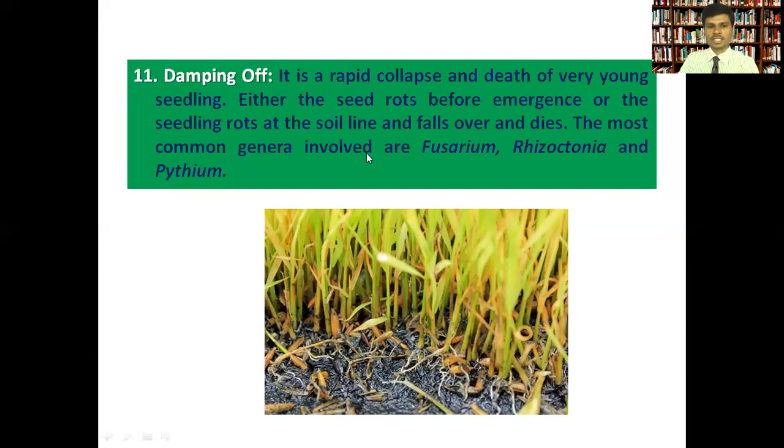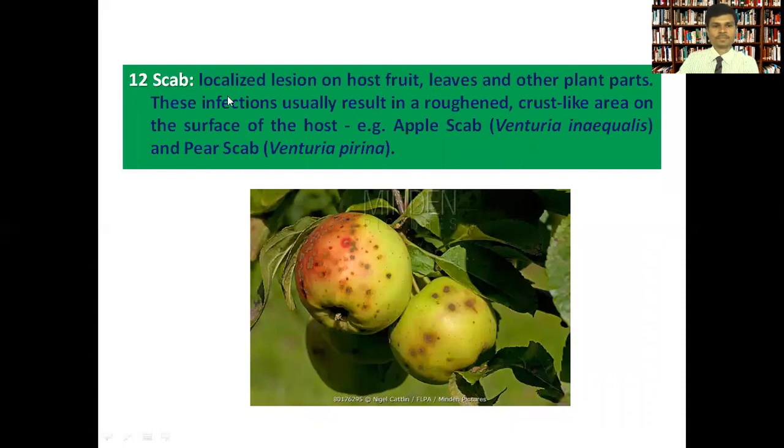The most common genera involved are Fusarium, Rhizoctonia, and Pythium. The main cause of damping off disease is the pathogens given here, Fusarium, Rhizoctonia, and Pythium, which cause this disease.